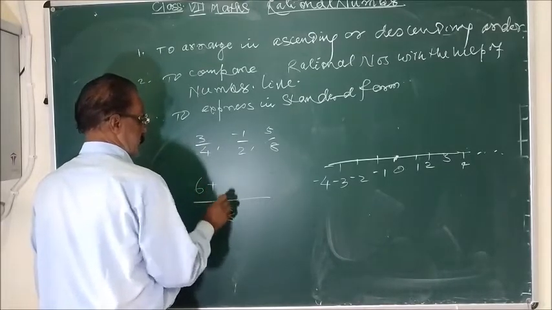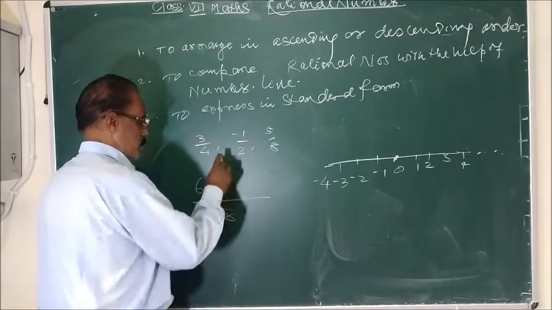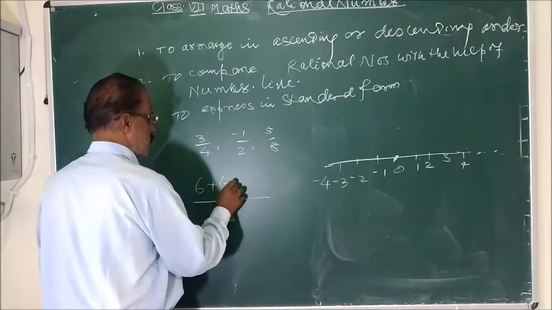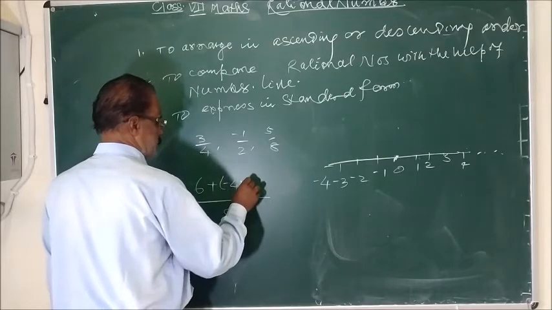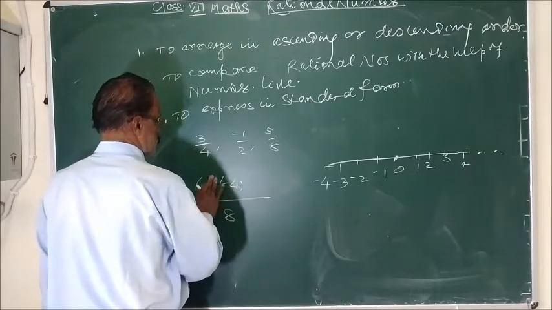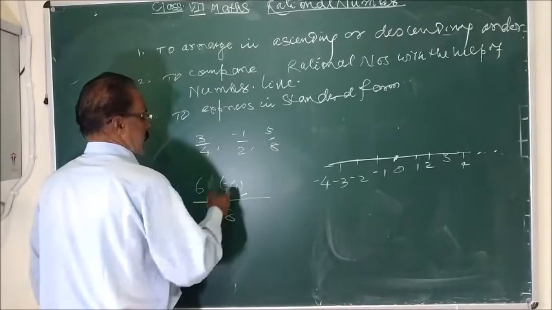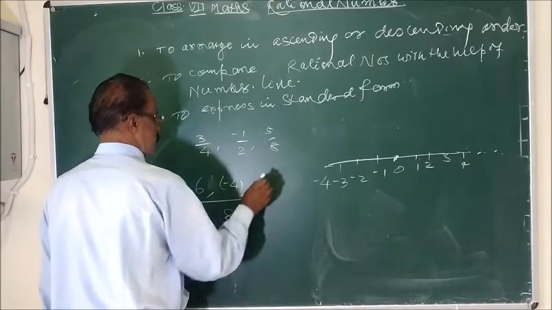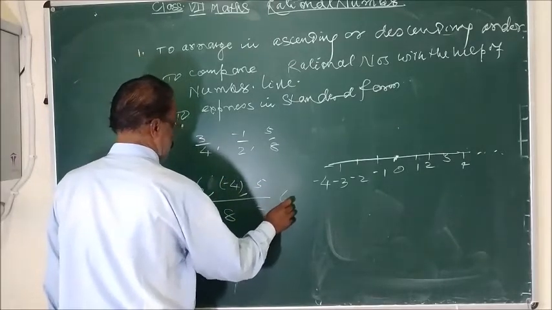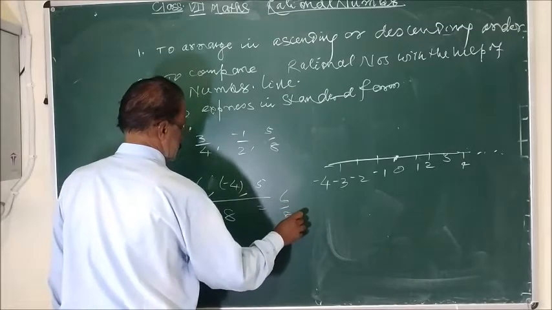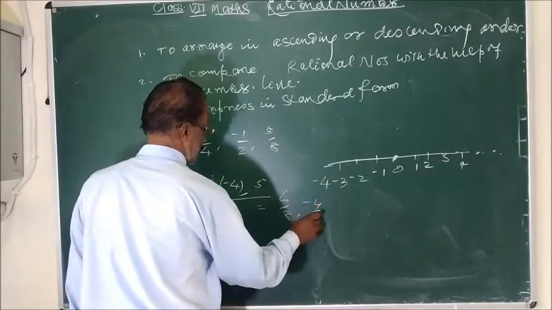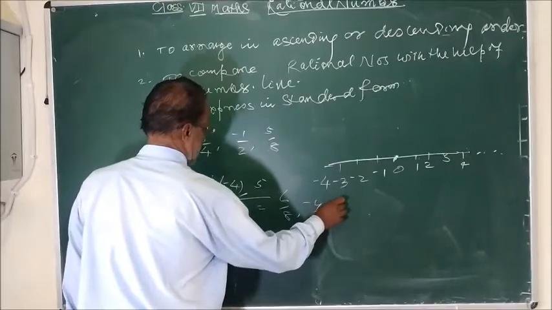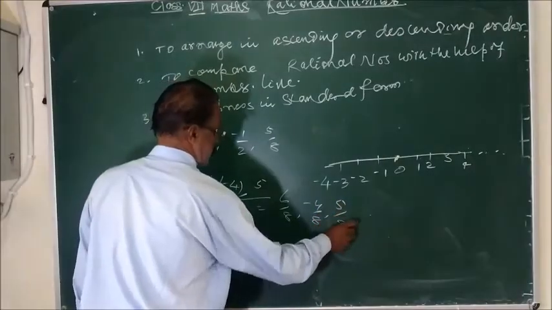Plus 8 divided by 2 is 4, 4 into minus 1, minus 4. And 8 divided by 8, 1 into 5, 5. So first fraction is 6 by 8, second is minus 4 by 8, and third is 5 by 8.